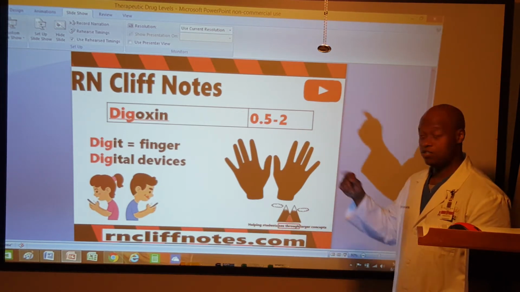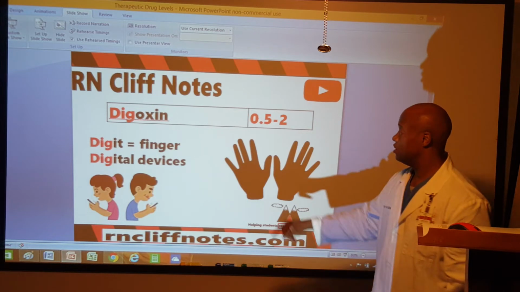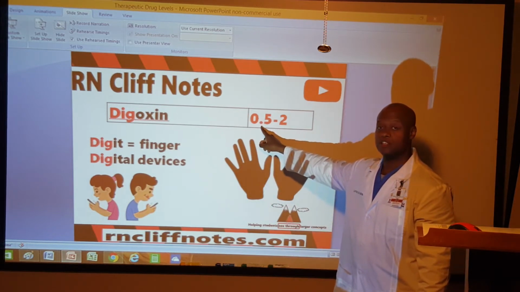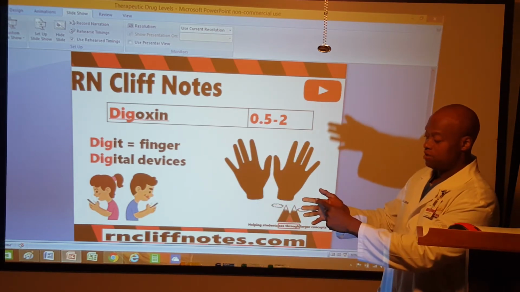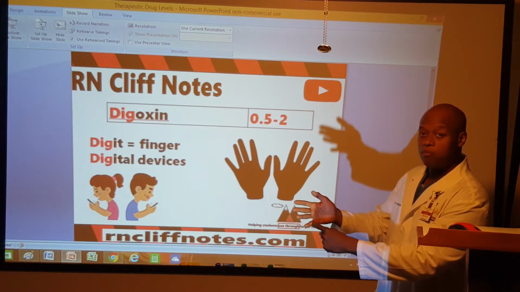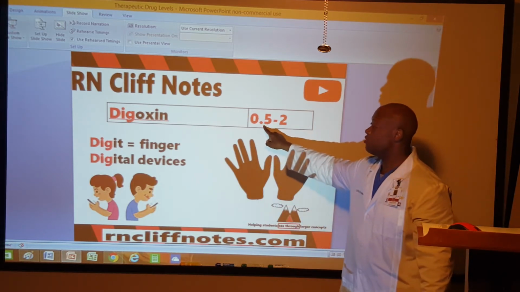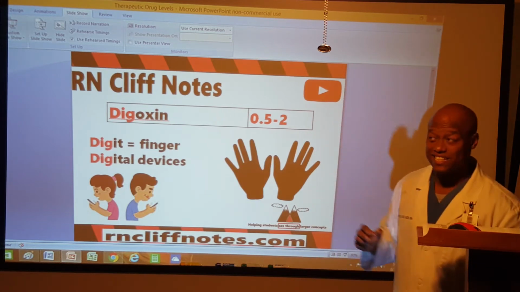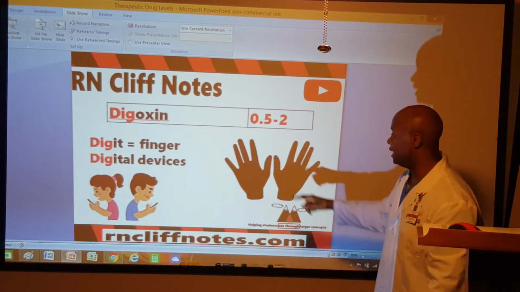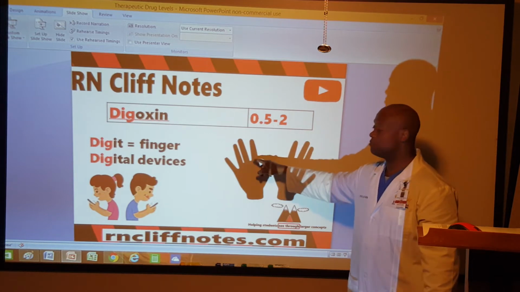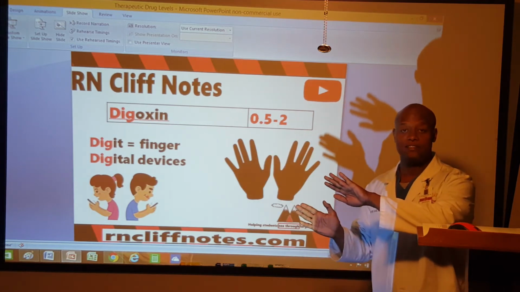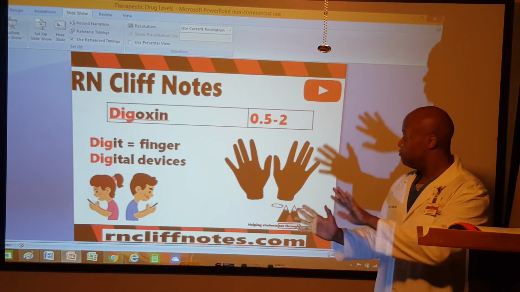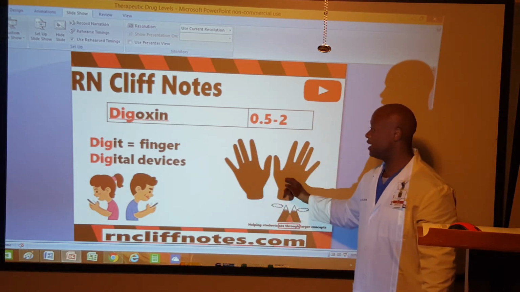And what does the medication Dig start with as a range? If we're looking at just the digits, that would be 0.1, 0.2, 0.3, 0.4, or 0.5. 0.5 helps us remember we're talking about Dig. If we were looking at the total number of digits on both hands, you already see it: both hands would be 2 hands.